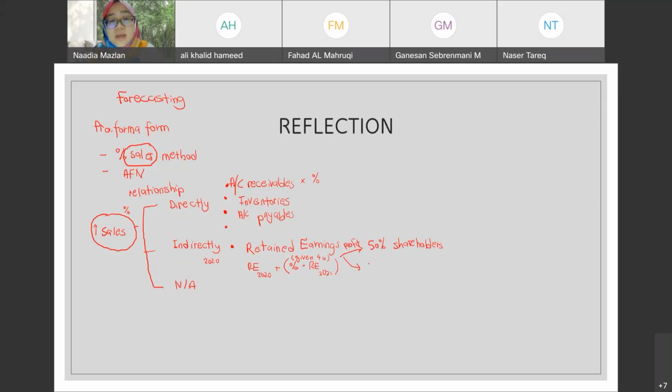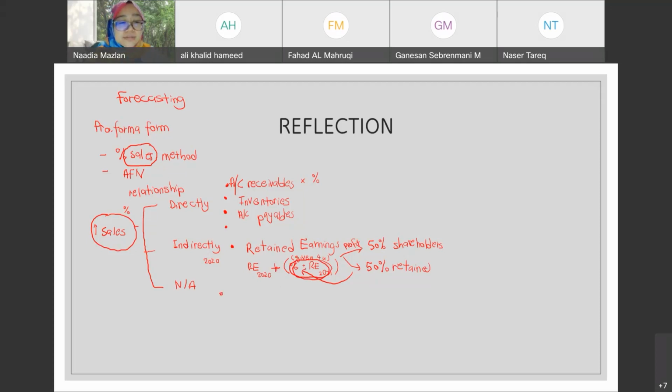And 50% we are going to retain. This is the 50% that goes inside here to become the retained earnings for 2021. Then we add retained earnings 2020, and it becomes the new retained earnings.